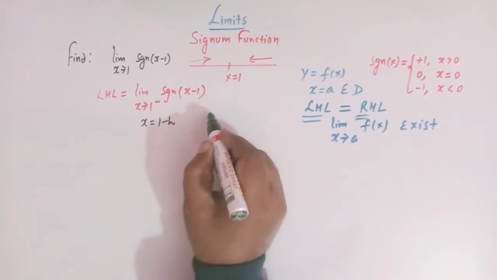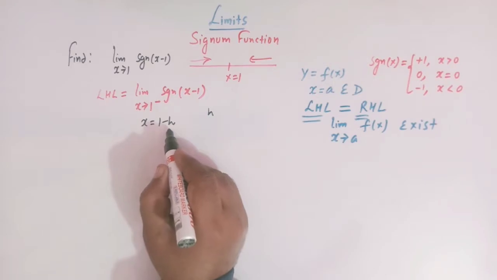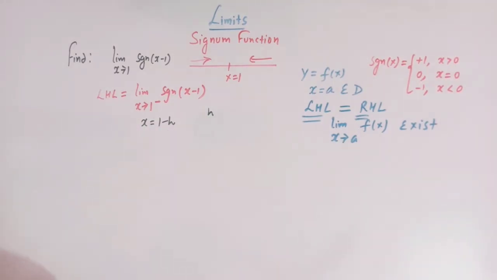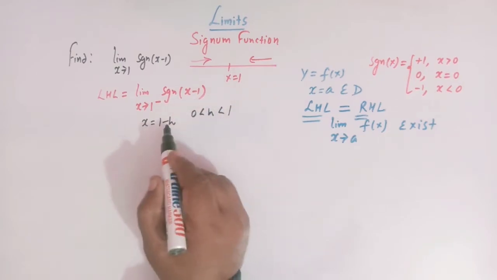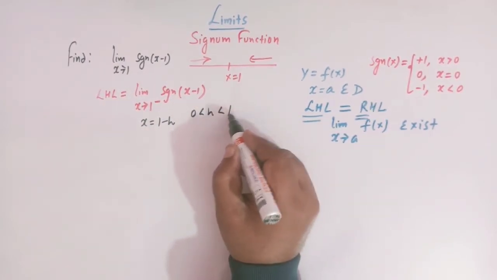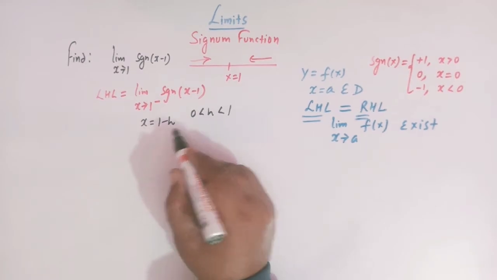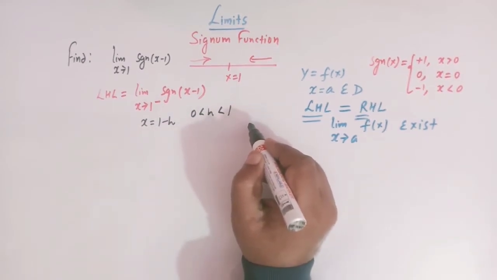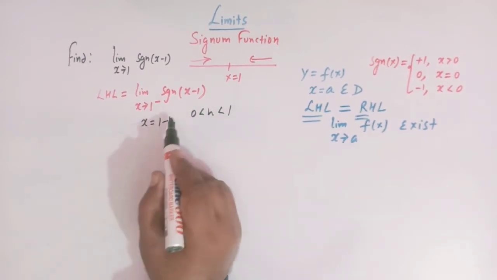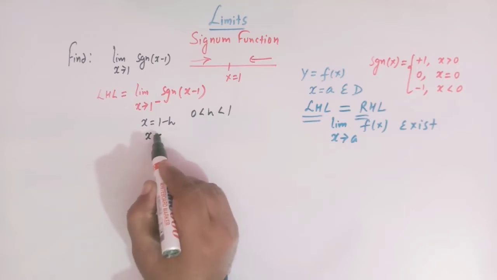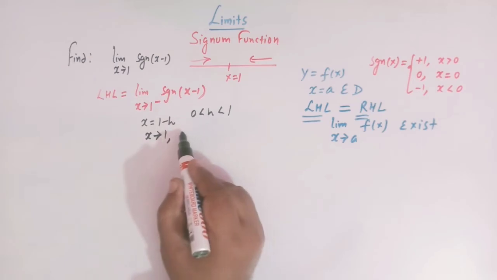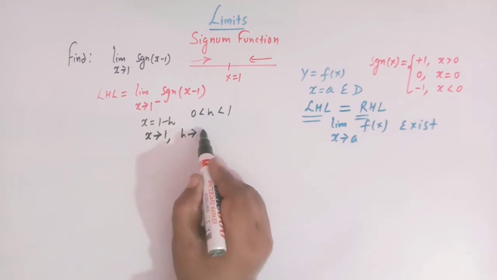And remember, this quantity h is a very small quantity, and it lies between 0 and 1. And we can also say that this quantity h is a positive quantity, right? So we can take here x is equal to 1 minus h. So now when x tends to 1, obviously h tends to 0.